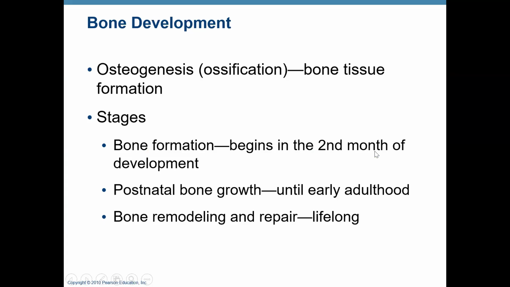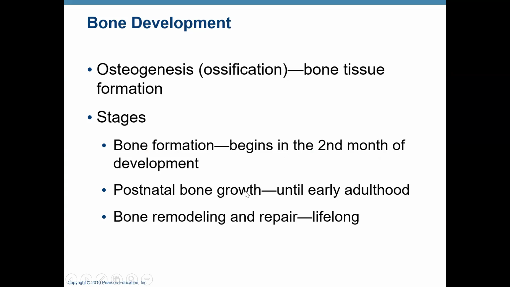So when you form bone for the very first time, it's referred to as osteogenesis. There are different stages here. It looks like when you develop as an embryo or fetus, what you first have is hyaline cartilage, and eventually you start replacing that hyaline cartilage and putting down bone. This begins around the second month of development.